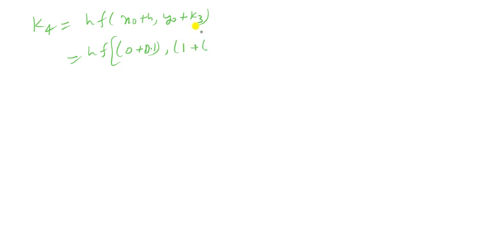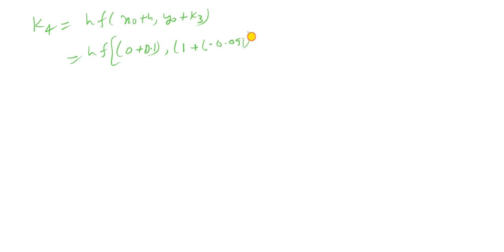Now k4 is equal to h f of x0 plus h, y0 plus k3. So x0 is 0 plus h is 0.1, comma y0 is 1 plus k3 is minus 0.095.